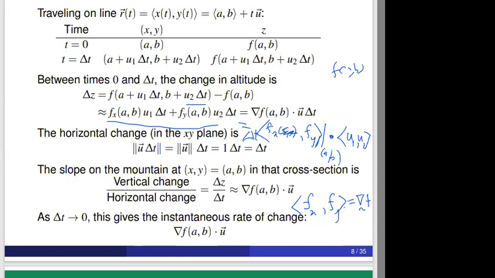So this is called the gradient of f. Gradient of f is a vector. The x component is partial of f with respect to x, and the y component is partial of f with respect to y. So here, evaluated at this point.